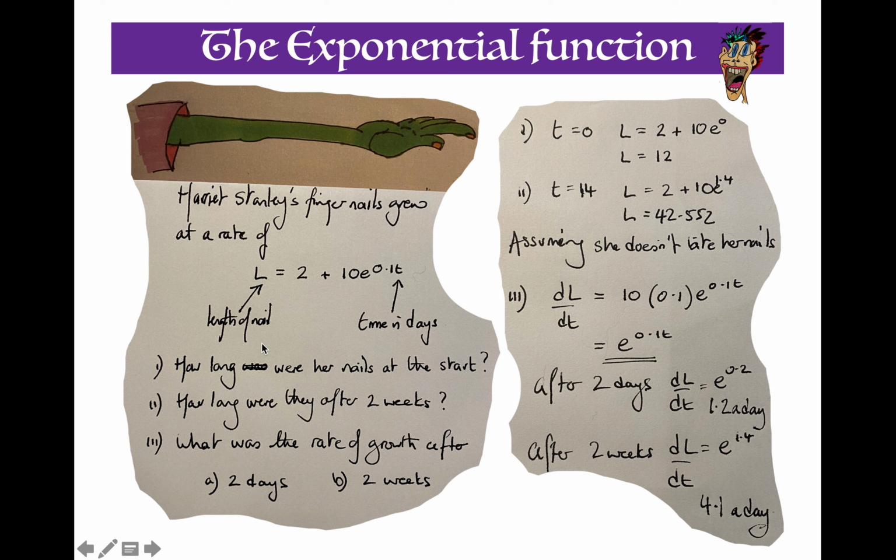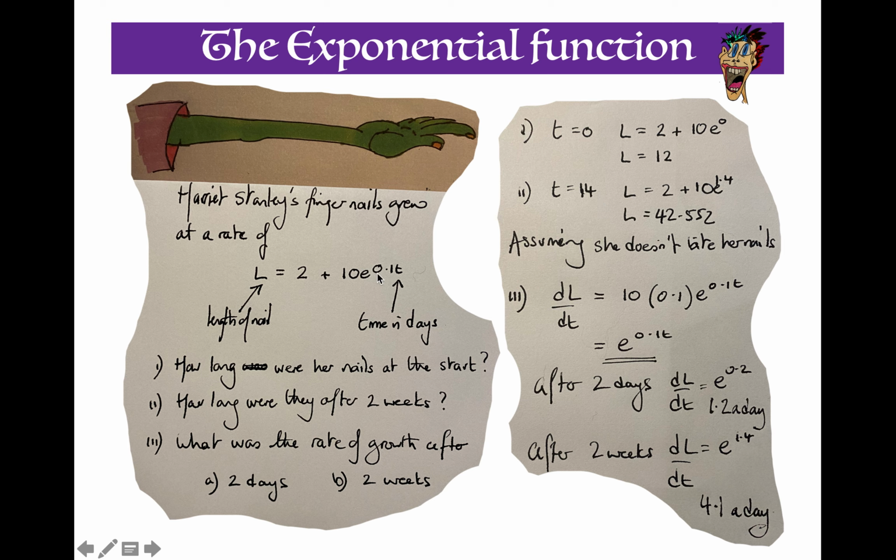What happens at the start? Well, t is 0. Anything to the 0 is 1. So her nails were 2 plus 10. We haven't assumed it, but let's say these are millimeters. So her nails at the beginning were 12 millimeters long. After 2 weeks, notice we've converted it to days, so 14 days. How long are her nails?